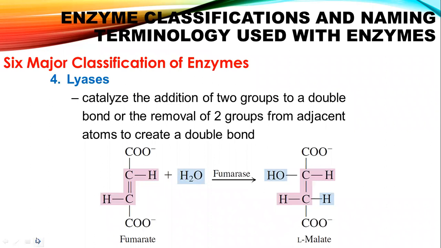Another one is the lyases, which catalyze the addition of 2 groups to a double bond, or the removal of 2 groups from adjacent atoms to create a double bond. So this one, you can see that there is the addition of two groups to a double bond like this one.